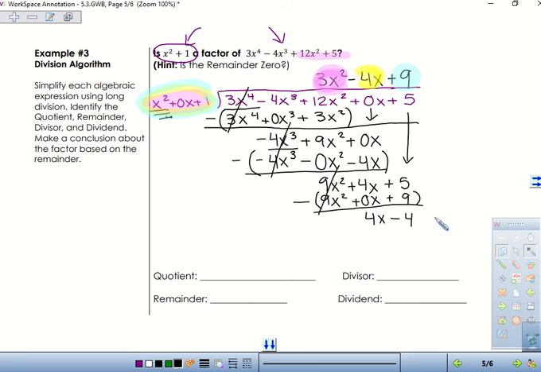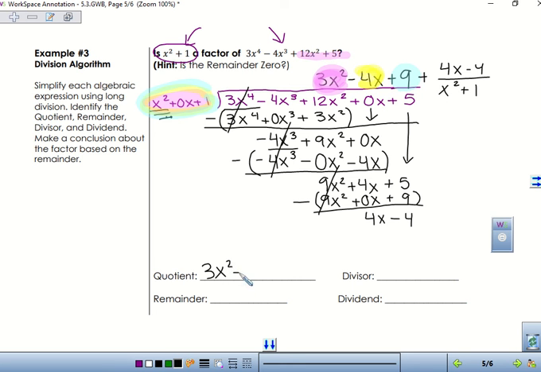If you're wondering when you have to stop, whenever the degree of what's left here becomes less than the degree here, you know that you're done. So then it's just going to be plus your remainder over your divisor. And when you go to write your divisor, you don't have to put the placeholder in anymore. So your quotient is going to be 3x squared minus 4x plus 9 plus 4x minus 4 all over x squared plus 1.